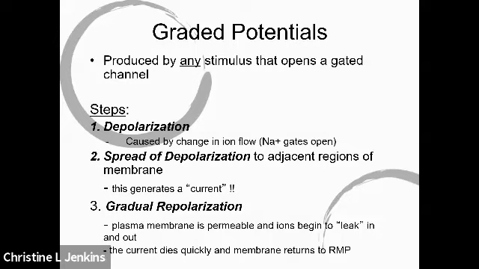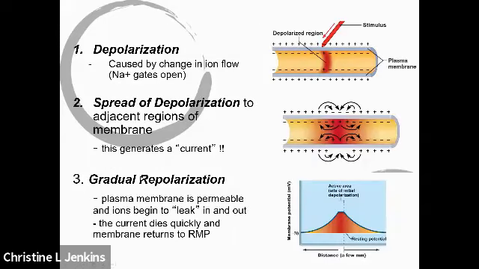In the case of a graded potential, it spreads both ways. So it spreads to one side, but it also spreads to another. So imagine a wave going both ways.